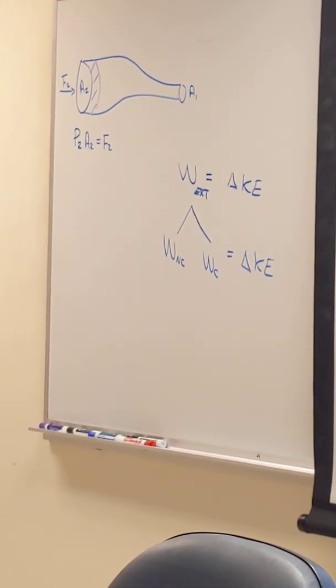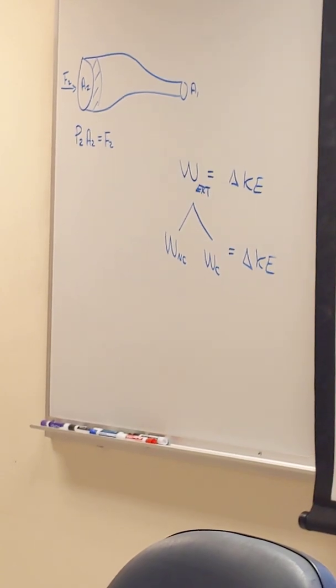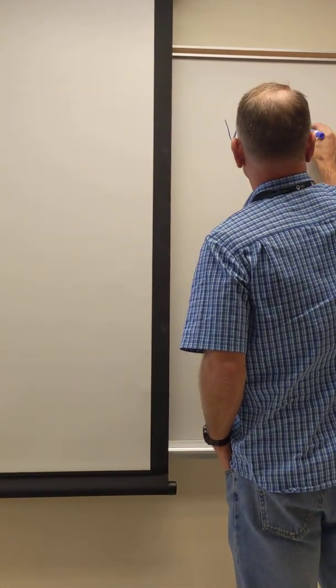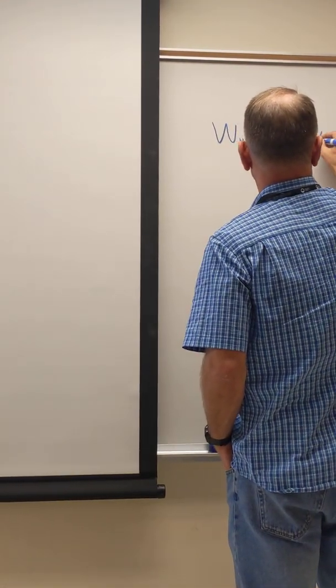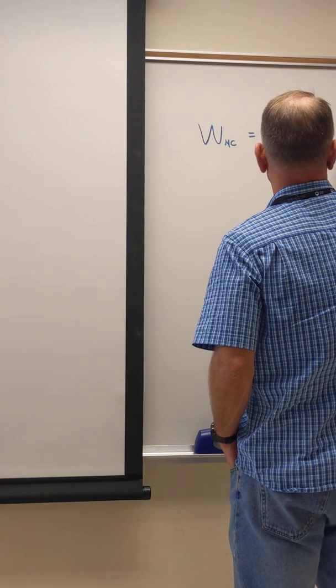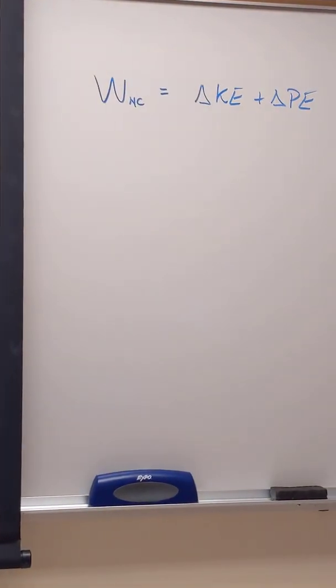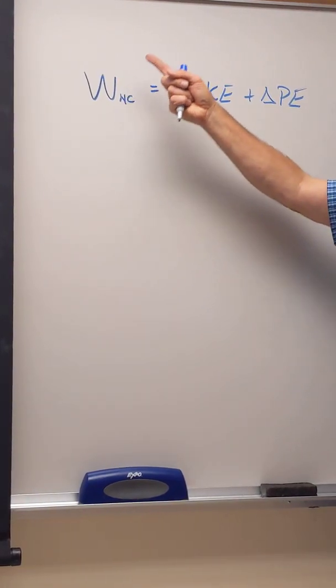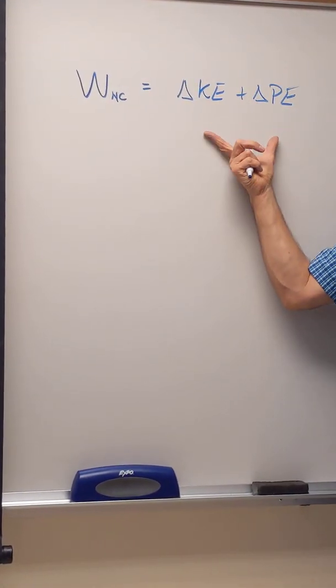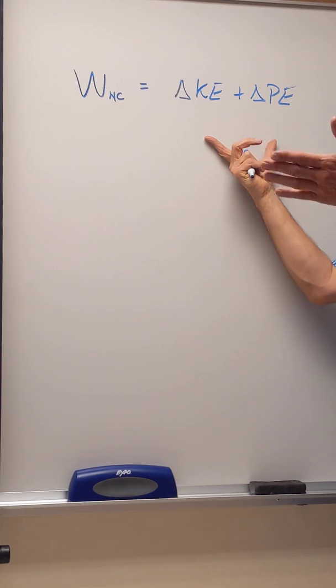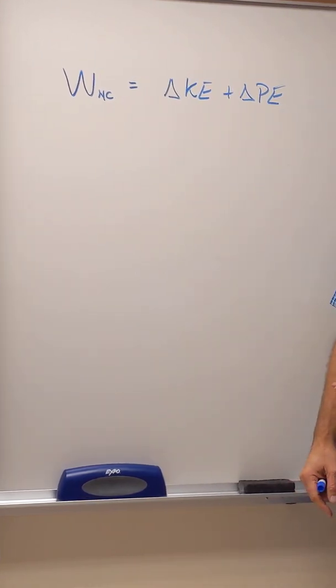Gravity, yes? Gravity's a conservative force, and if you recall that conservative forces are equal to minus the change in potential energy, you remember that? I can move that conservative force over here, and I get this. This is looking like total mechanical energy, right?